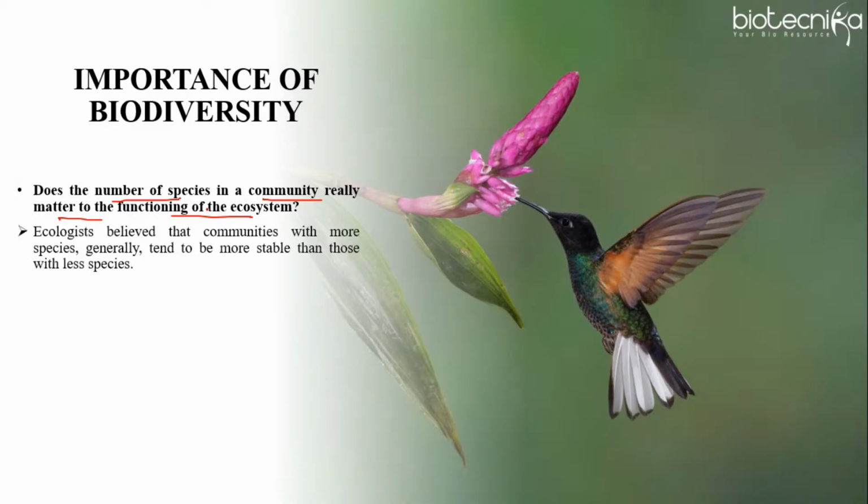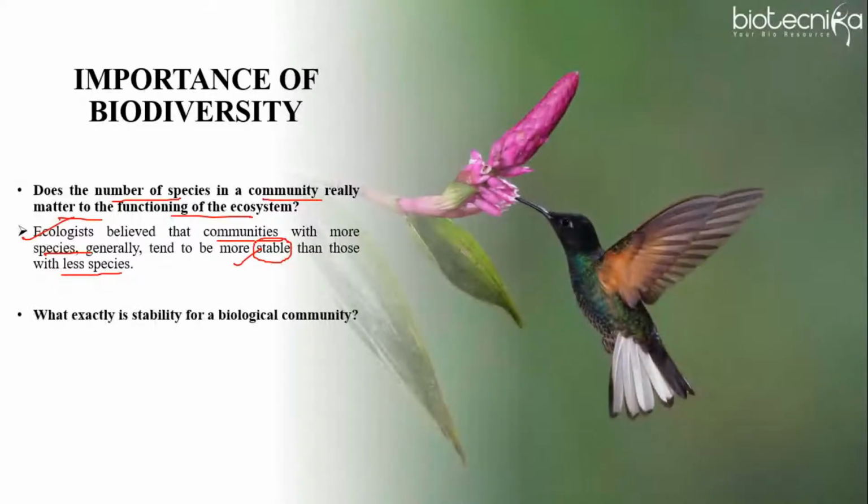Definitely yes, because an ecosystem is an interacting system between biotic and abiotic components, right? So species number and diversity play a very important part in the functioning of this unit. Ecologists believe that communities with more species generally tend to be more stable than those with fewer species. Now, what is the meaning of stability here?